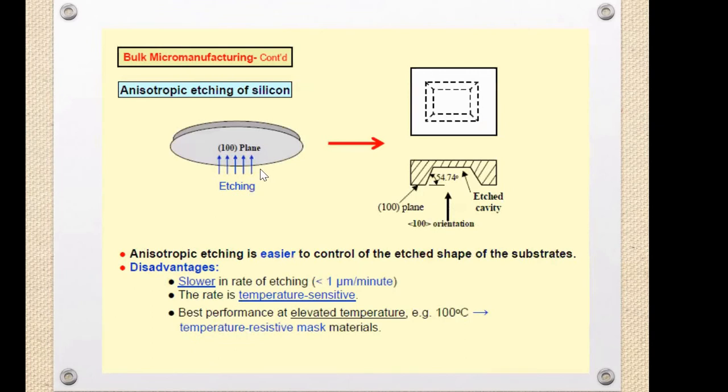This is the 100 plane, and on the right you can see the things we get after etching. The cavity is created. By the different substrates having different orientations, we will get this type of structure.